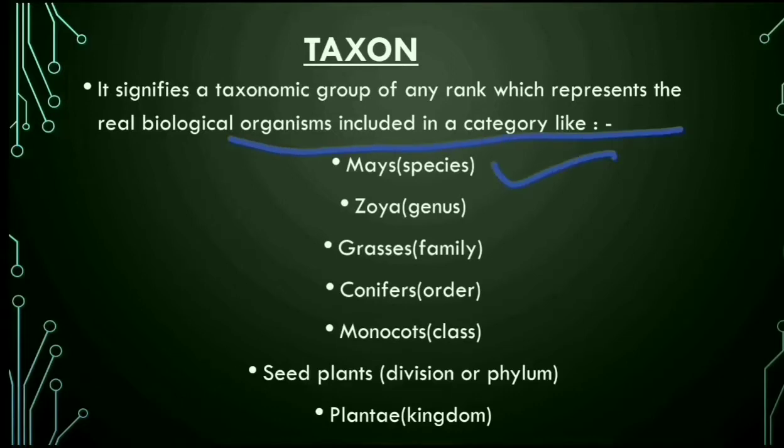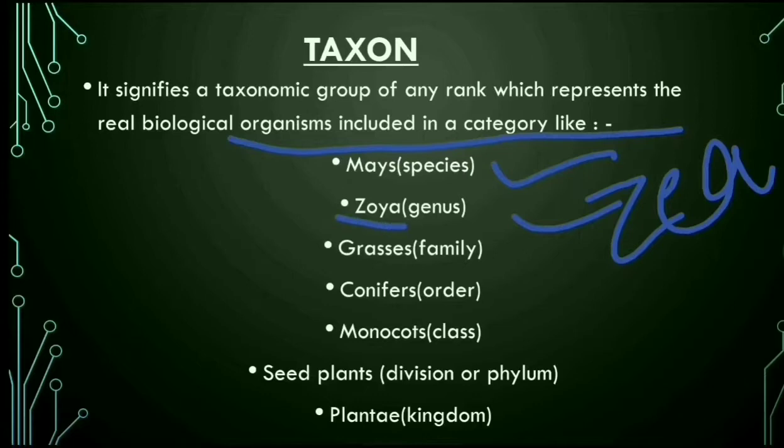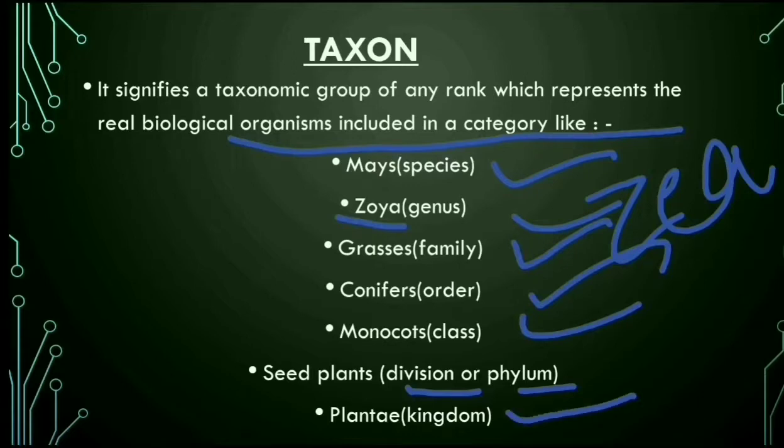Like maize is a species, Zea mays. Grasses is a family, conifers an order, monocots or dicots a class, seed plants a division. In the case of plants we use division on the basis of phylum. And Plantae is the kingdom.